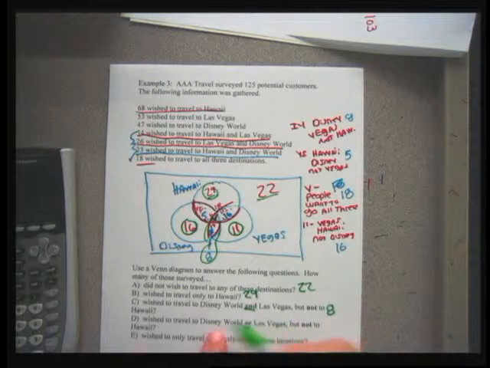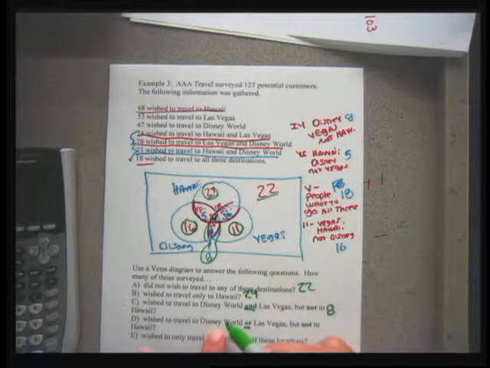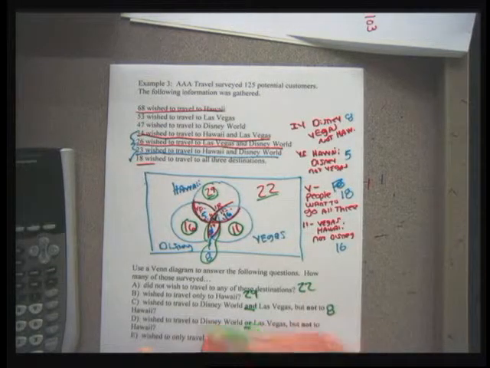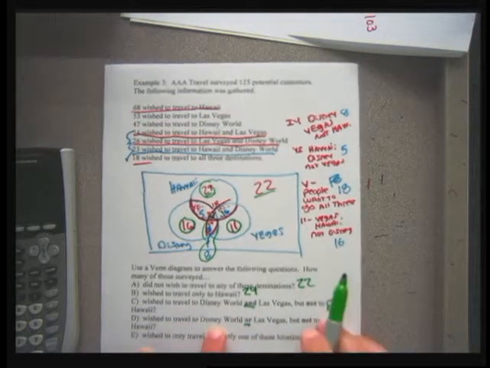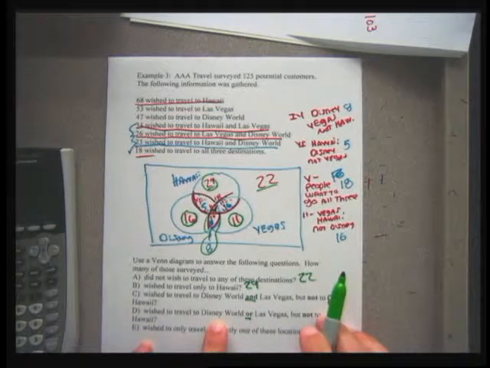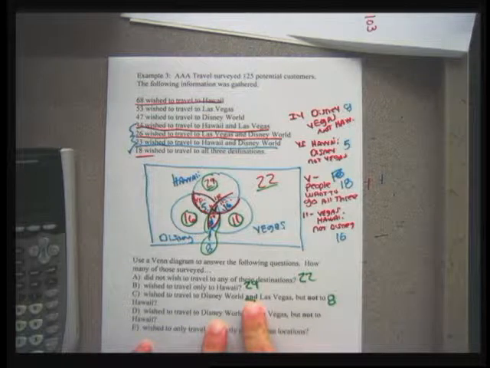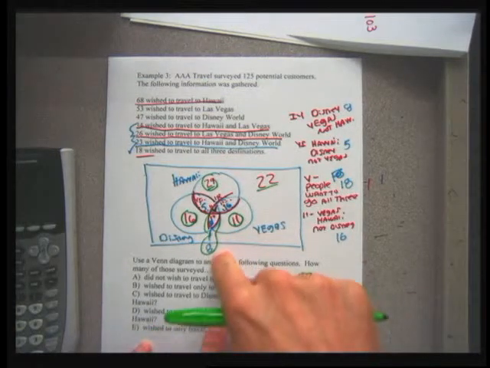So I'm looking for anybody that wants to go to Disney but not Hawaii, Las Vegas but not Hawaii, or both but not Hawaii. So this sentence D is a tricky sentence because it doesn't look like it's asking what it's really asking. The and is obvious. They want Disney and Vegas but not Hawaii. That's those 8.